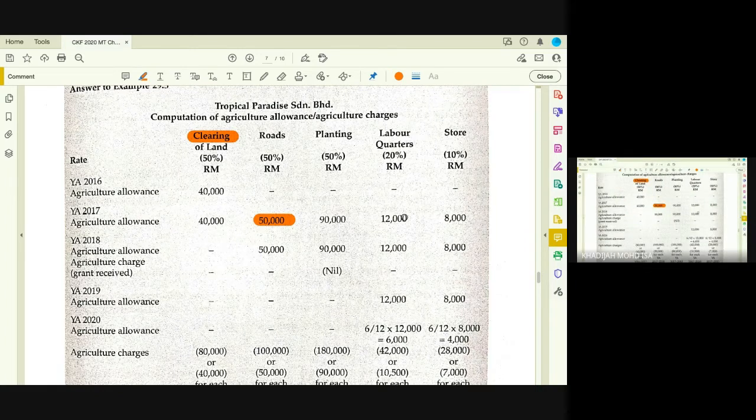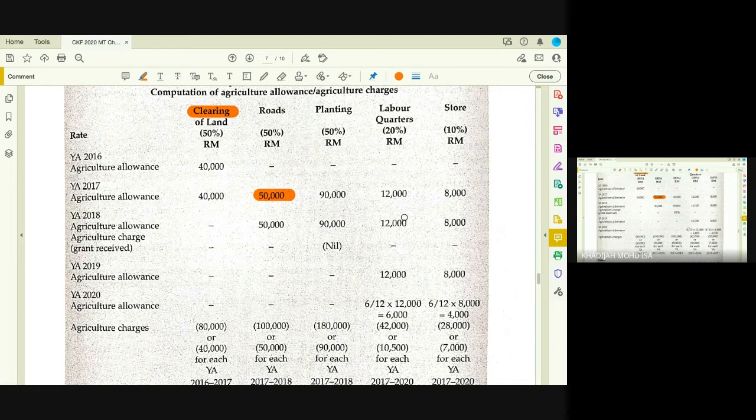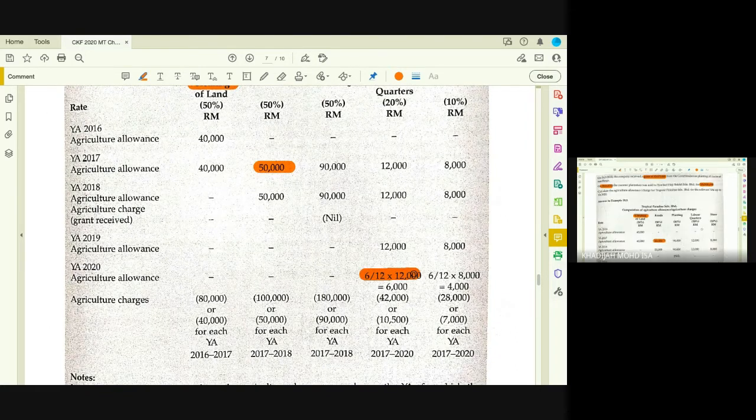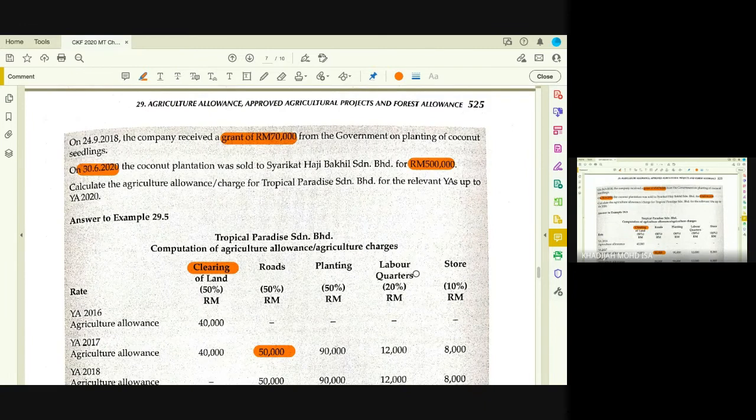But when it comes to 2020, you only claim 6 months. Any idea why? Because the disposal is on 30th of June 2020, when it was sold to Syarikat Haji Bahir, and the year end is 31st of December. So for 2020, the disposal takes place on 30th of June.